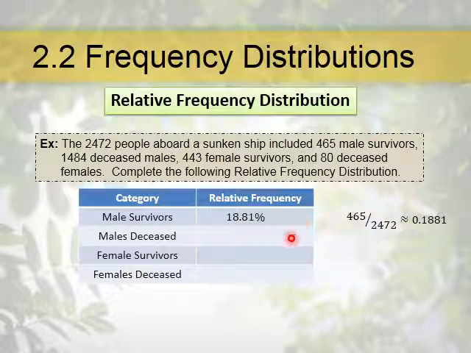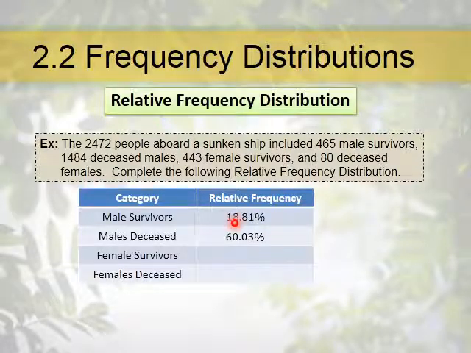So let me do the same thing with my deceased males. I'm going to take the number of deceased males, 1,484, and divide it by 2,472, and I'll get 60.03%. I'll take my number of female survivors, 443, and divide by 2,472 and get 17.92%.